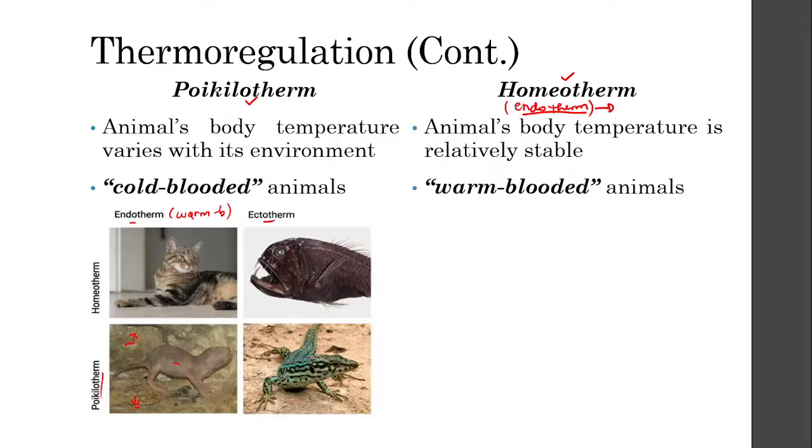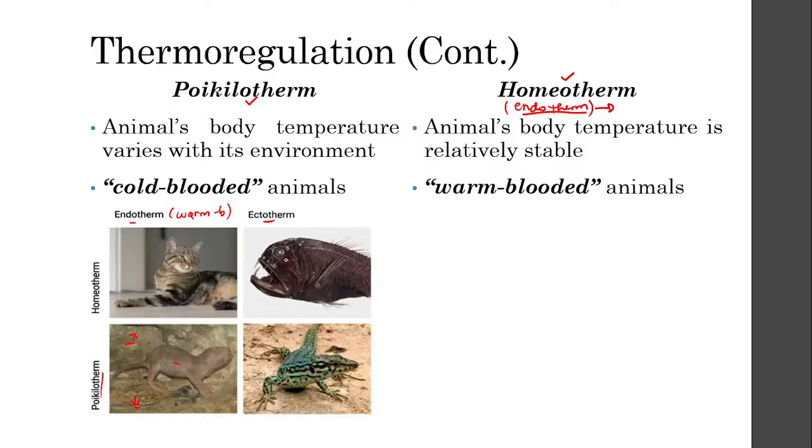We know that lizards are poikilotherms because they can change their temperature depending on the environment, and that makes sense because an ectotherm gains their heat from the environment. So if they are in an environment with a lower temperature, their body temperature is much lower. If they're in an environment wherein the temperature is much higher, then their body temperature will be much higher, right?